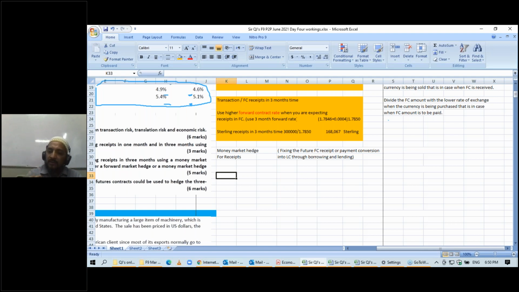Obtain foreign currency now through borrowing in the money market. In the money market, obviously you will be working through borrowing and lending of the foreign currency. So the first step is to borrow foreign currency now, or borrow dollars now. Now, how many dollars will you borrow? That's a very important thing.